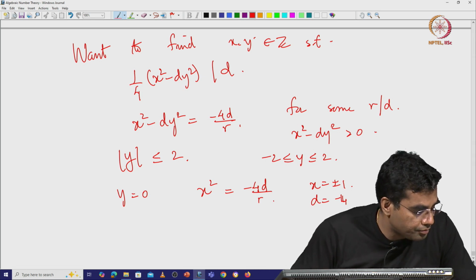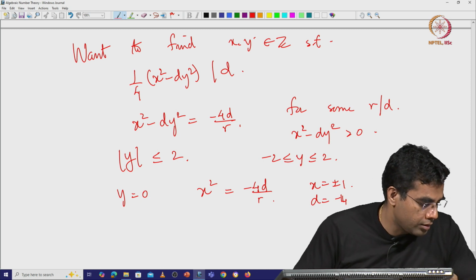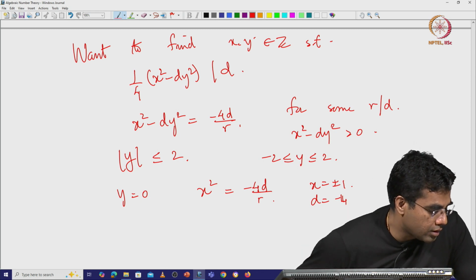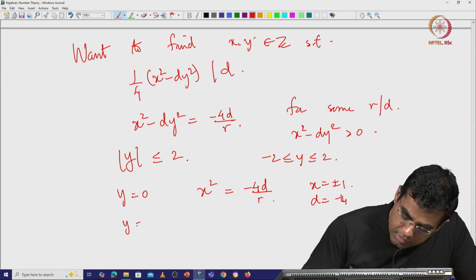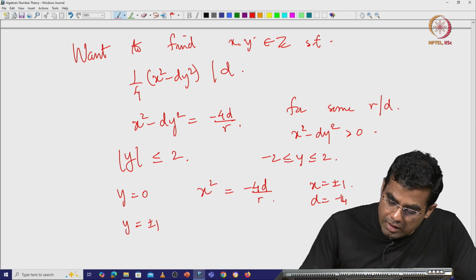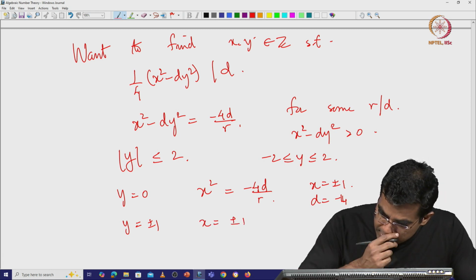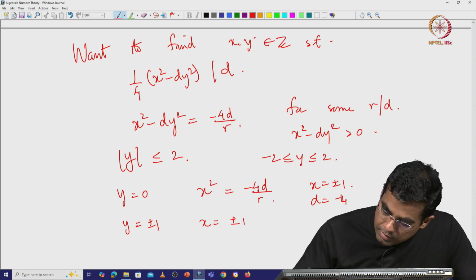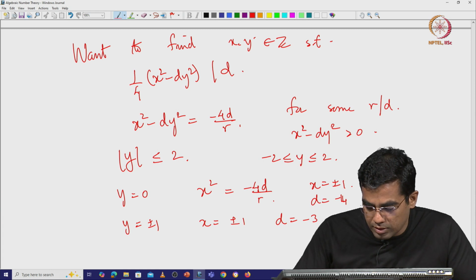Okay. So that is when you adjoin square root of minus 1, or you could have y is plus or minus 1, then x has to be plus minus 1 as well, and d is equal to minus 3, right.